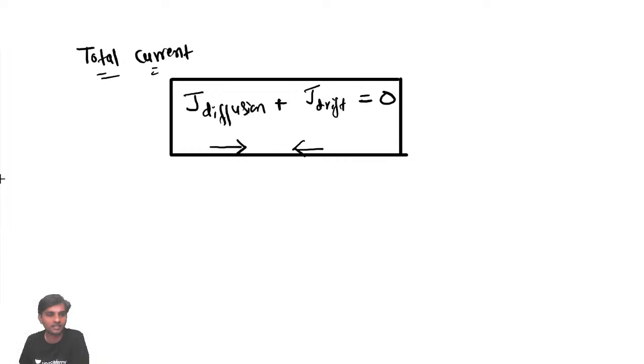So what can I say? A PN junction is electrically neutral.